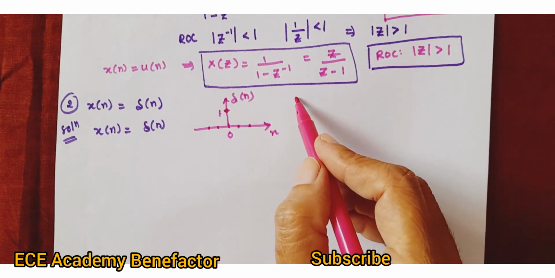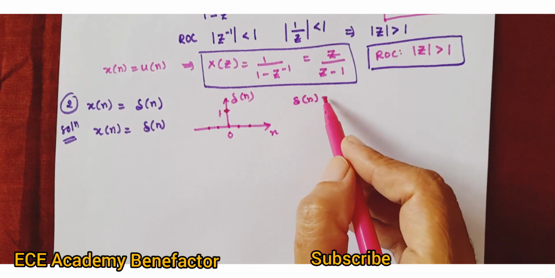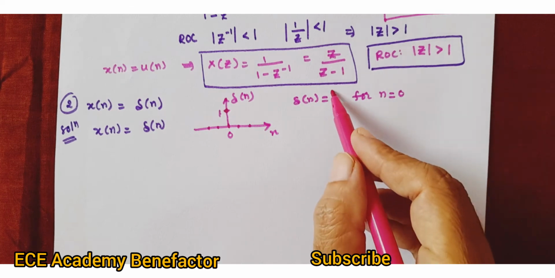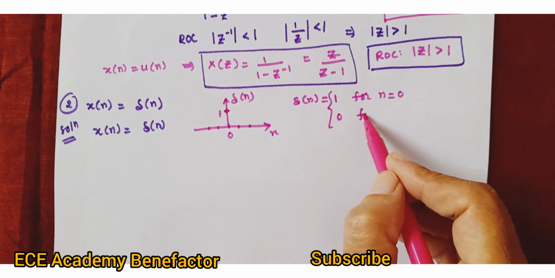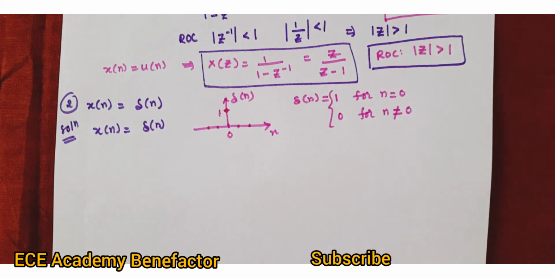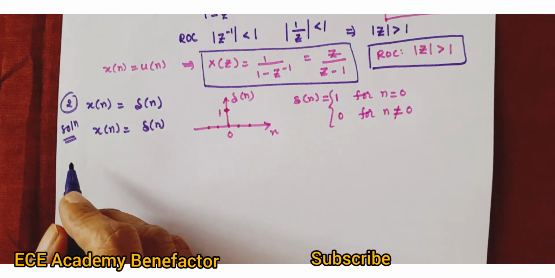So, how can del of n be defined? Del of n is equal to 1 for n is equal to 0 and is 0 for n not equal to 0. Okay? So, write the Z transform equation.